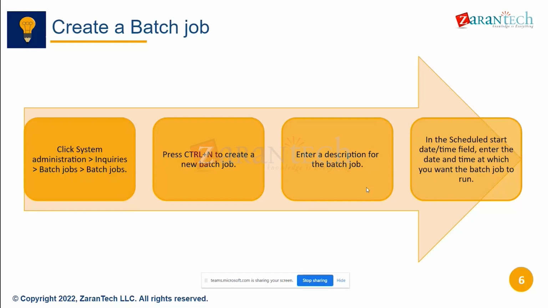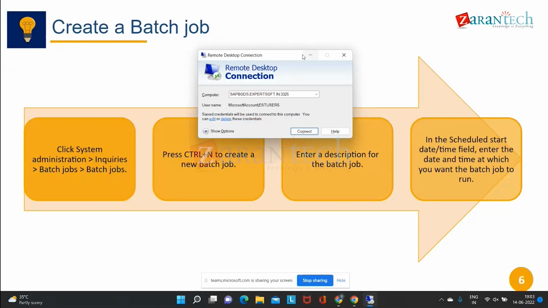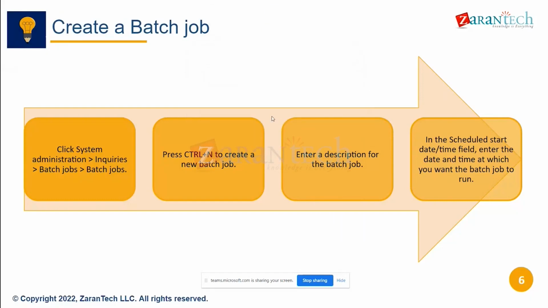That depends on what type of job you want. In our scenario, we just want to create one batch job, so you can choose batch job and create it. That is the process.